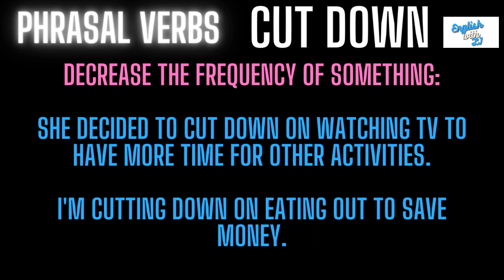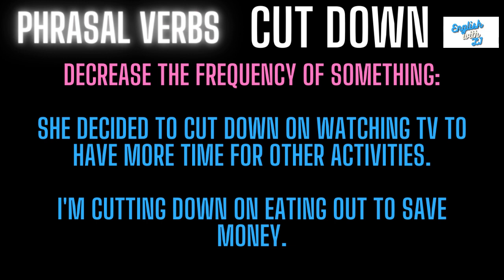But it also can be to decrease the frequency of something. So she decided to cut down on watching TV to have more time for other activities. Maybe somebody watches television for 2 hours a day, but they need an hour in order to be able to take up learning a language.